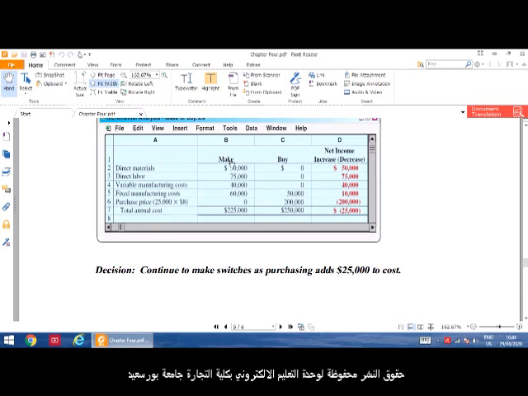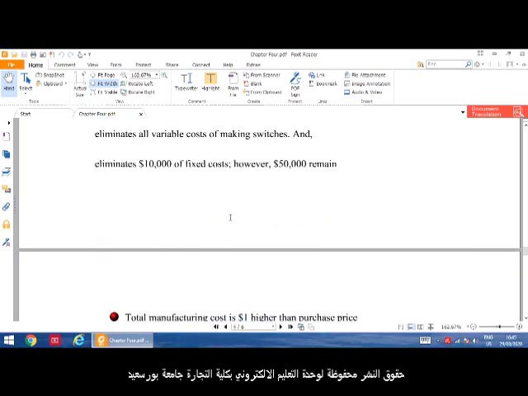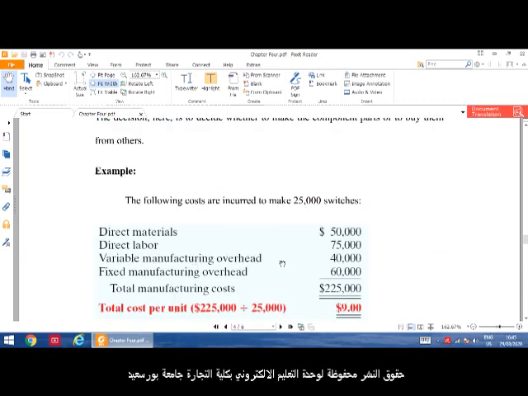Under the first alternative, when we make the components: direct material 50,000, direct labor 75,000, variable 40,000, fixed cost 60,000, and no purchase price because we will make the component parts. So total annual cost is 225,000. All of these are given in the example.